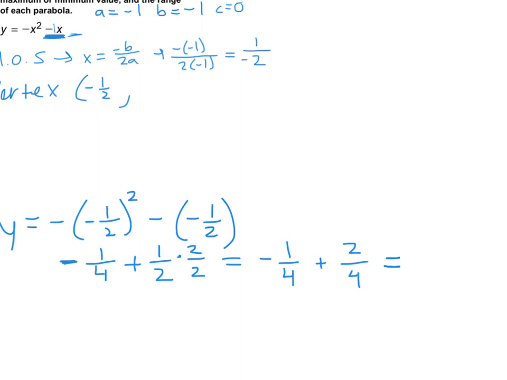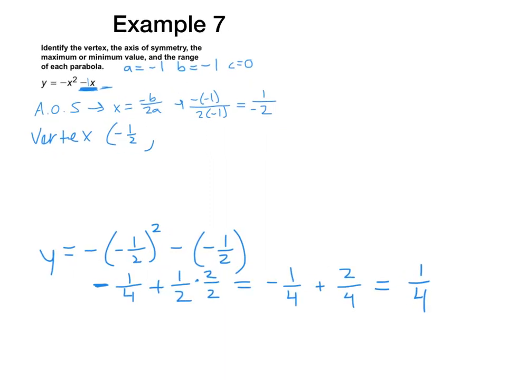So then what does it become? 1/4. When we have minus 1/4 plus 2/4, it becomes 1/4. So what's our y value here? 1/4. Now if we have our graph, we're going to go to the left 1/2 and up 1/4. So it's going to be somewhere there.